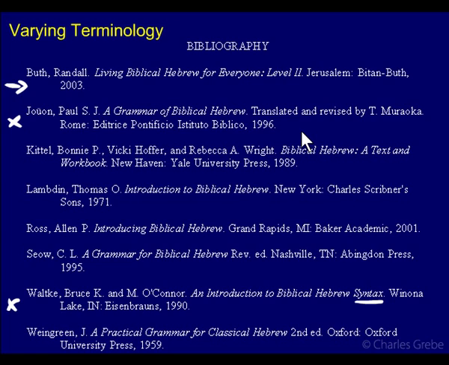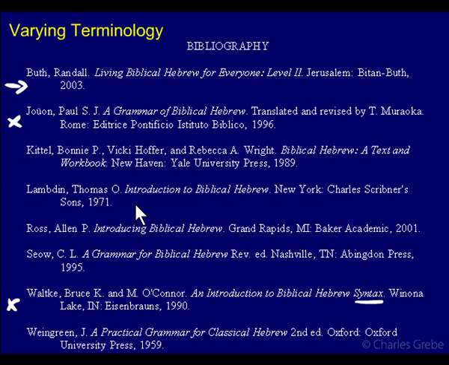They are both books that I would recommend getting after you move on beyond first year. These are the two advanced grammars that are in this list. Kittel, Hoffer, and Rebecca Wright. This is a grammar that I haven't used in class, but I've read through it a couple times. It's a nice review. I don't know that I like it as a first intro. I think it's a bit too inductive, but it's a great review.